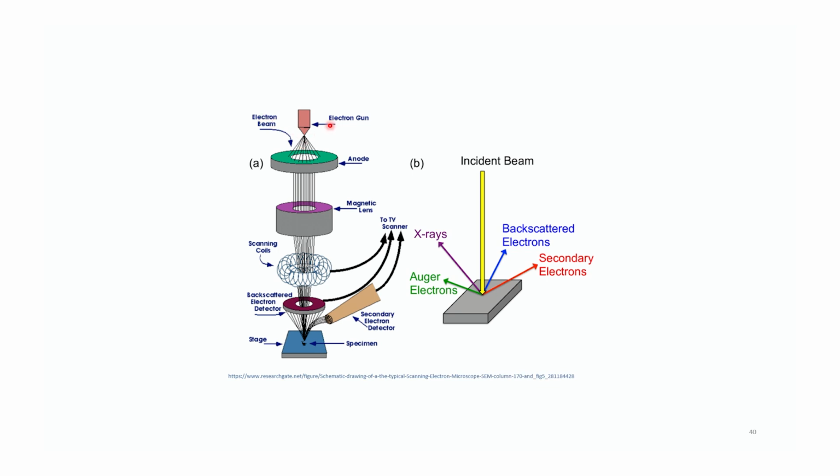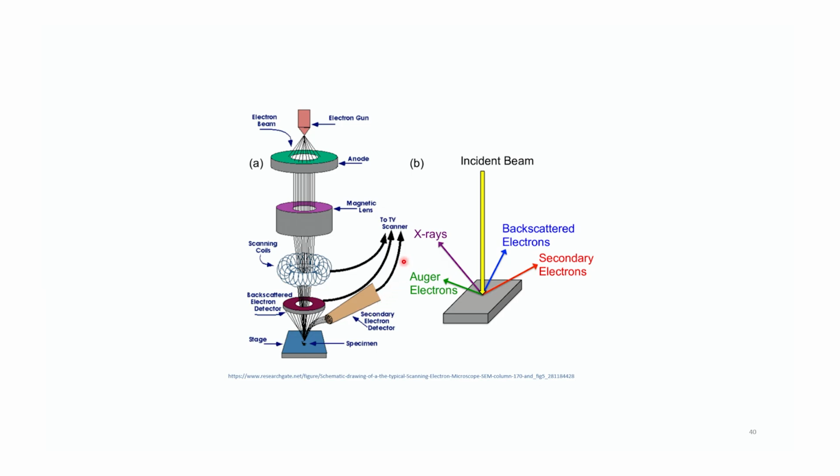That's your electron gun, and an electron beam is coming out of it. That's the anode, and it is being focused through the magnetic lenses, then scanning coils, and your specimen is present over here. Your electron beam is falling upon your sample. There are some backscattered electrons and there are secondary electrons.